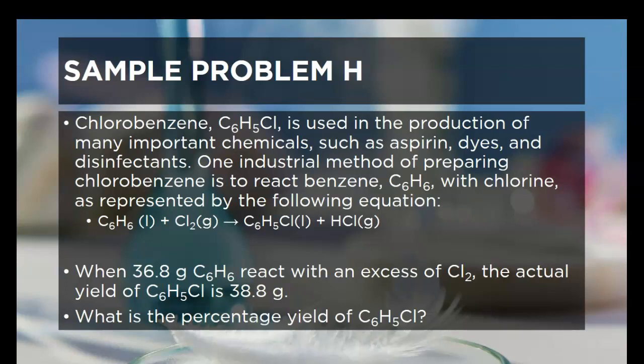So when 36.8 grams of benzene reacts with an excess, so all the chlorine we need, we don't have to determine the limiting reactant here. It's just going to be the C6H6. The actual yield we get is 38.8. So what's the percentage yield of C6H5Cl?